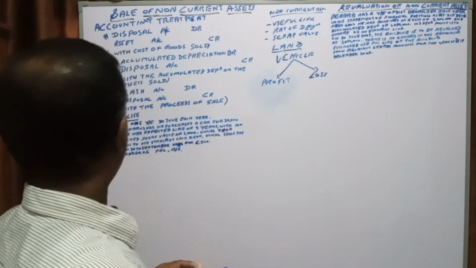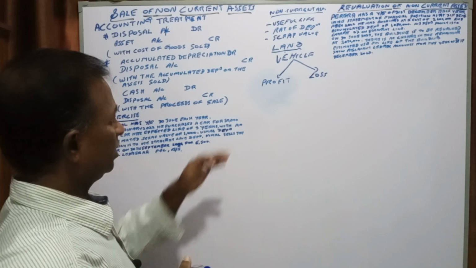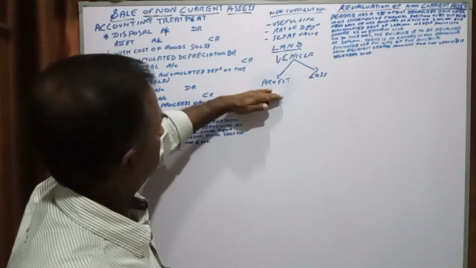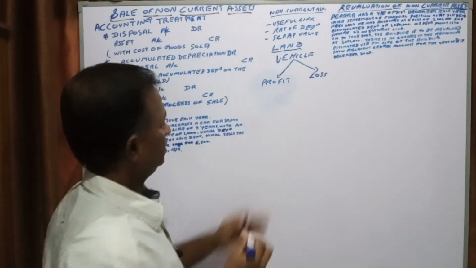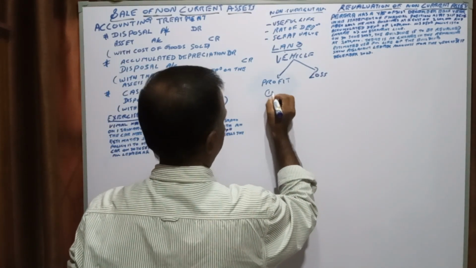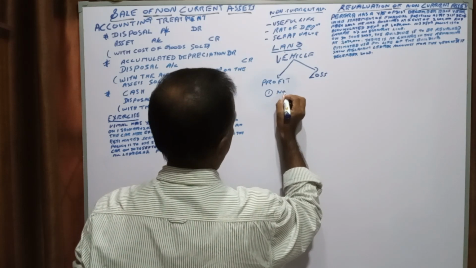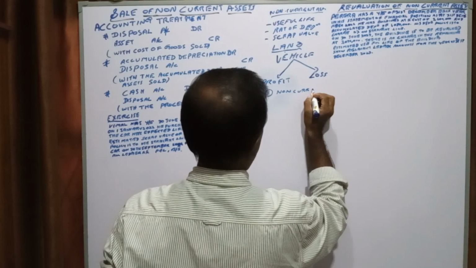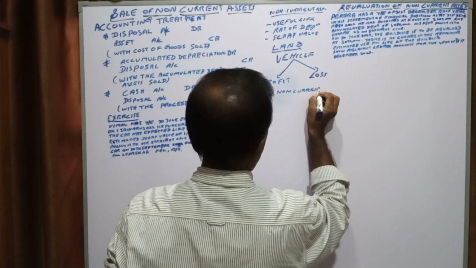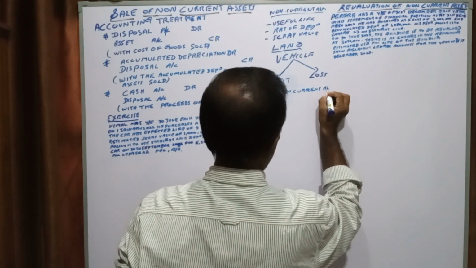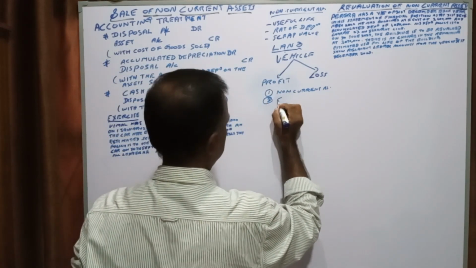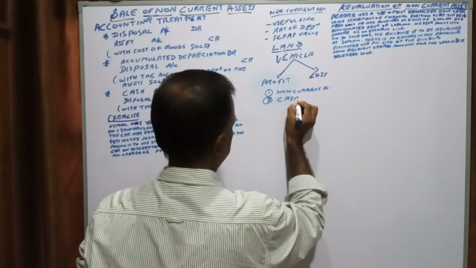What are the accounts which are relevant to this particular transaction? One is the particular non-current asset account. Number two is the cash account.